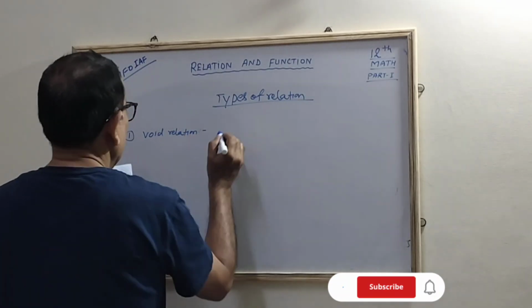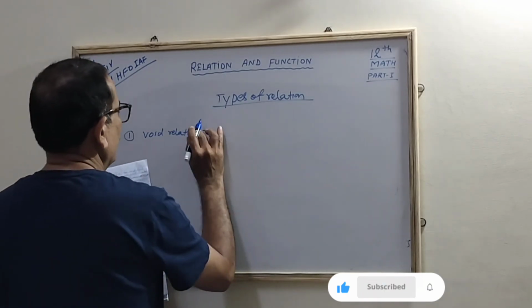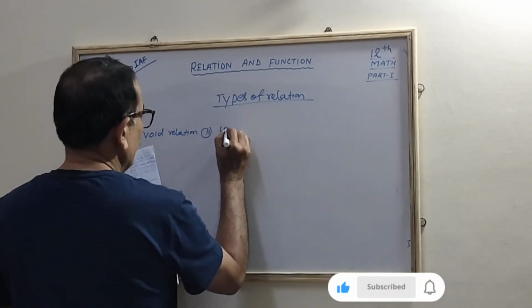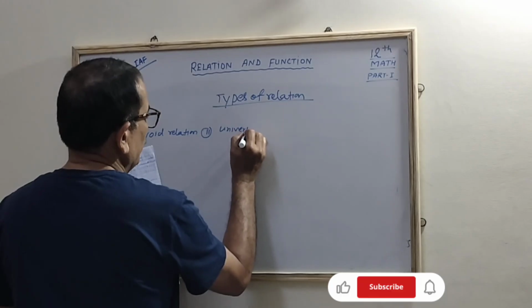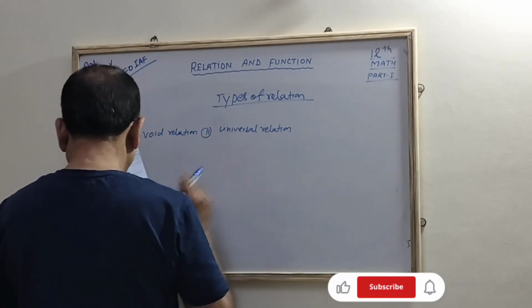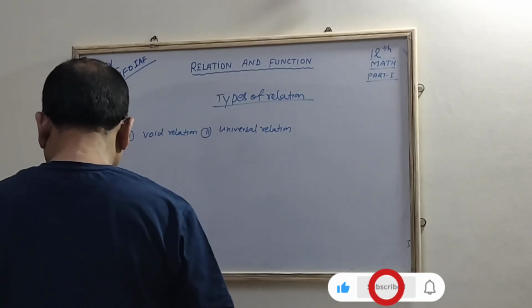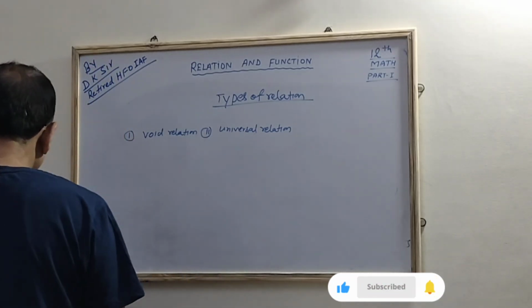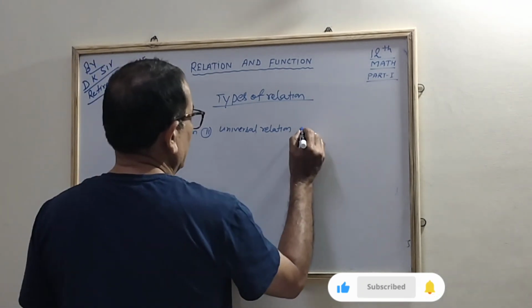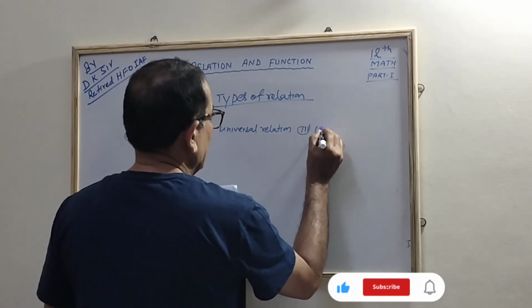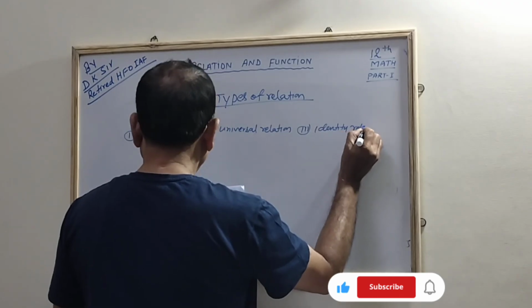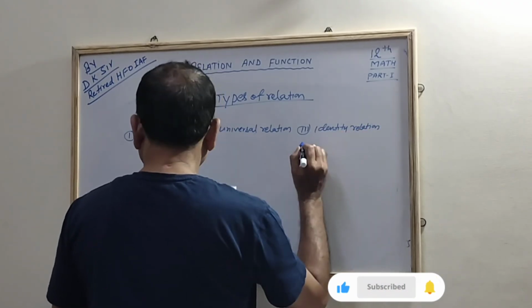The second is the universal relation. The third is the identity relation.